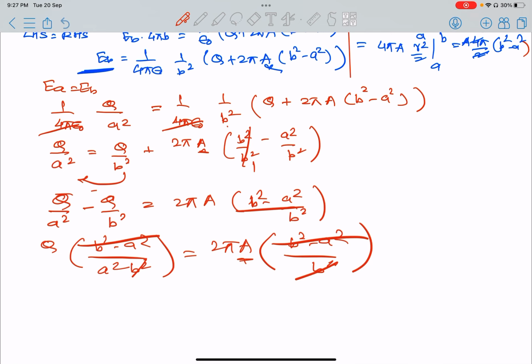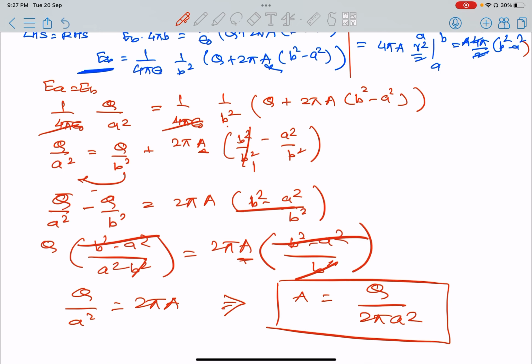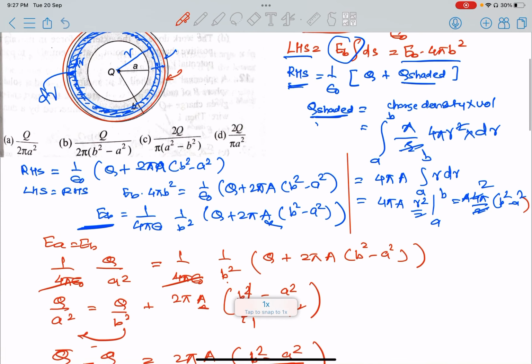So what we will have is Q upon a squared equals 2 pi A, which implies A is equal to Q upon 2 pi a squared. I guess this will be in the options: Q upon 2 pi a squared. Yes, so option number 1 is correct.